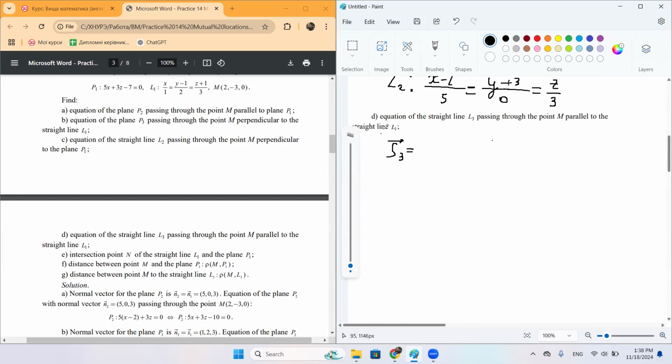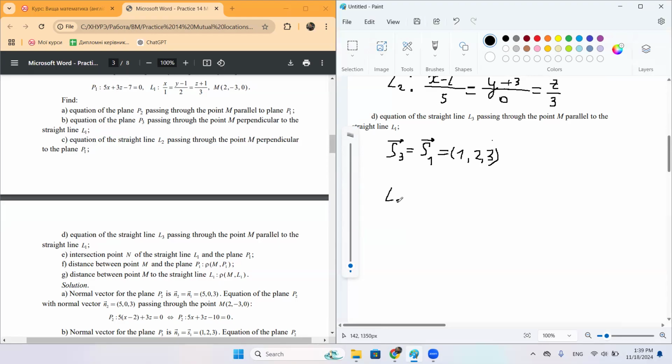It's parallel to the straight line L1, so the direction vector is well, it's the same as for L1 because the straight lines are parallel.